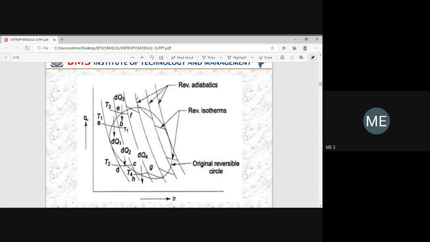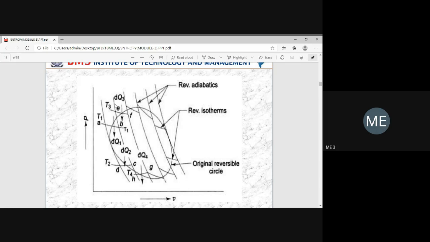Okay, so whenever you divide the original reversible cycle into a number of reversible isothermal and reversible adiabatic processes, each cycle represents a Carnot cycle. In a Carnot cycle, we have two reversible isothermal processes, and dq1 is the heat added to the cycle at constant temperature. dq2 is the heat rejected from the cycle.